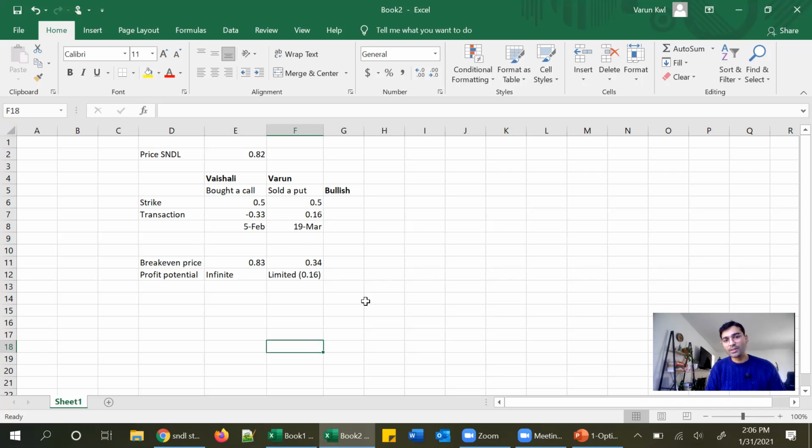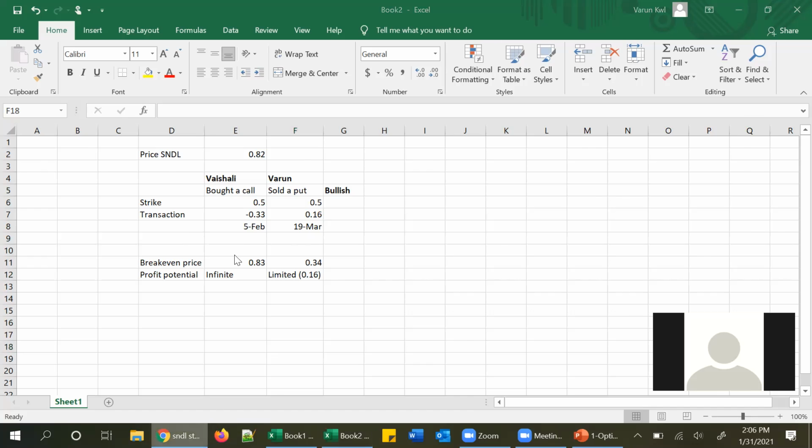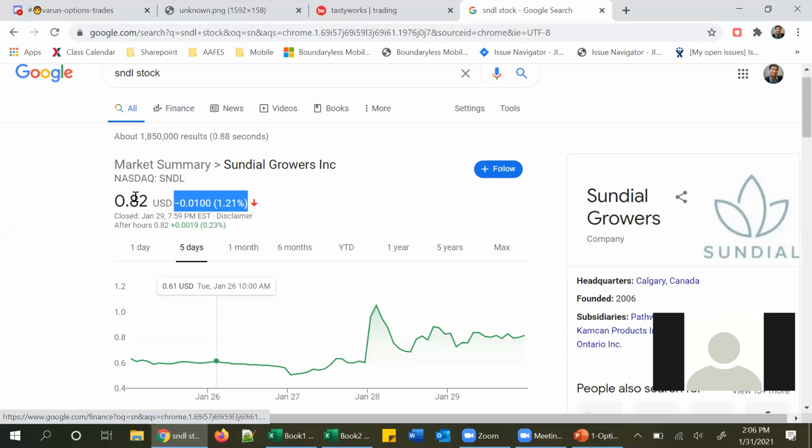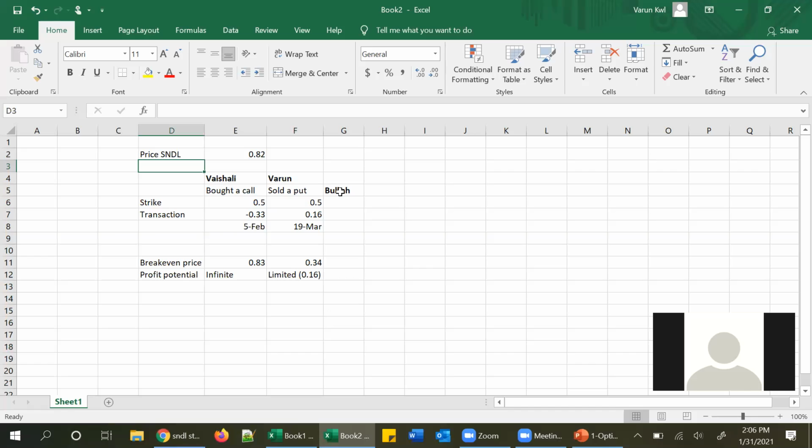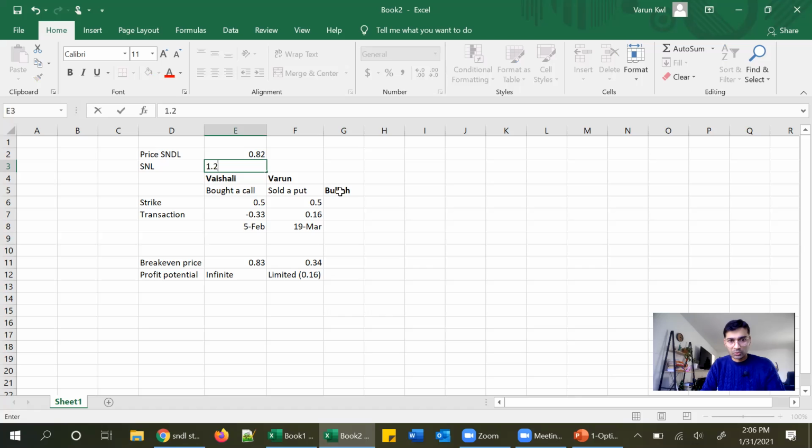But it is possible that by Feb 19th, or maybe by tomorrow, I might make 50% of it and close it. I'll show you an example. Let's say this is the current price, and SNDL becomes 1.2 on Monday.